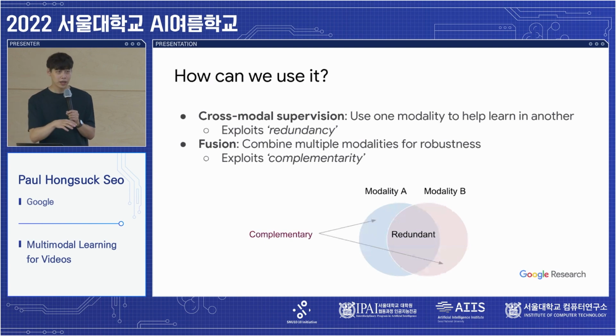Another way is fusion. We combine multiple modalities to make more robust conclusions. This exploits the complementarity between modalities. Some information may be available only in specific modalities, and by combining that information, we can make a better conclusion.